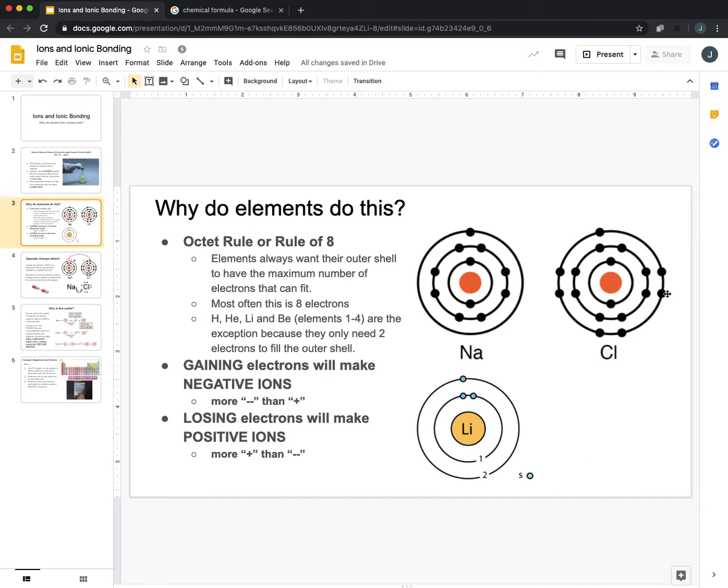And atoms want to be full. They want their outer shell to have all 8 of those electrons. The only exception to that are things like helium, hydrogen, lithium, and beryllium, or elements 1 through 4.